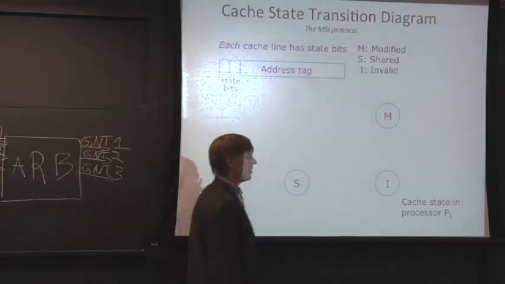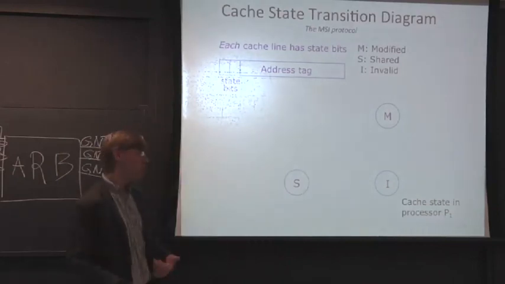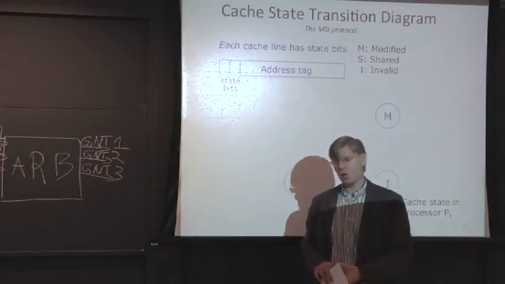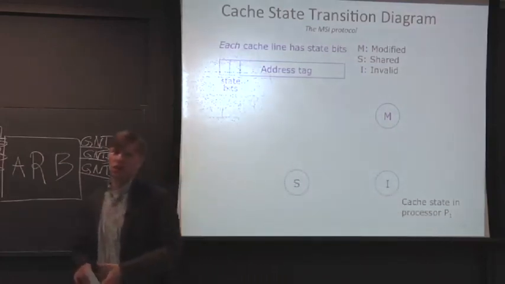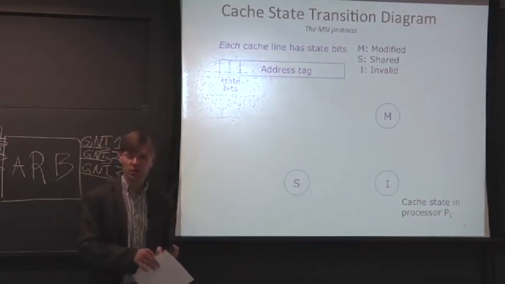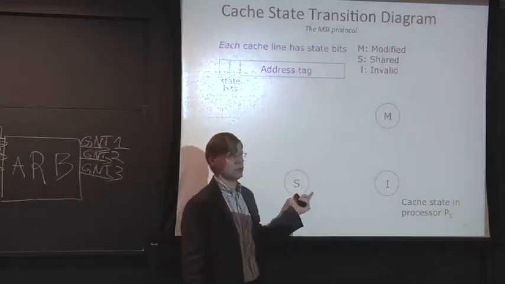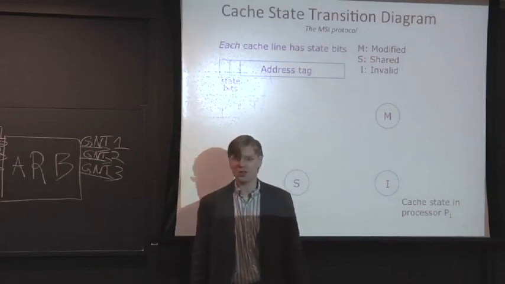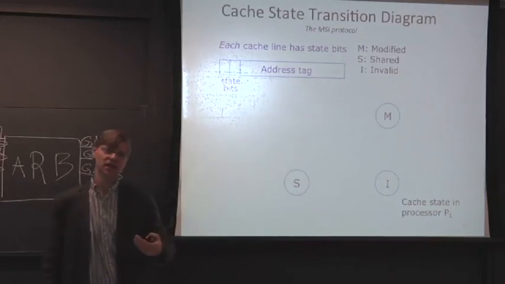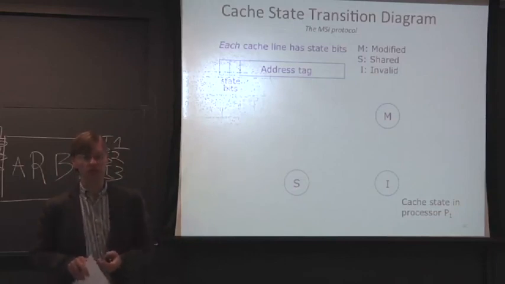But now, instead of having just a dirty bit, which tells you whether the data is dirty in your cache, we're going to have two other states, modified and shared. By adding these states, we can guarantee some level of cache coherence, and we're going to implement a cache coherence protocol on top of this. We're going to remove some of the communication across the bus by remembering whether the data is widely shared or whether we have the sole copy.